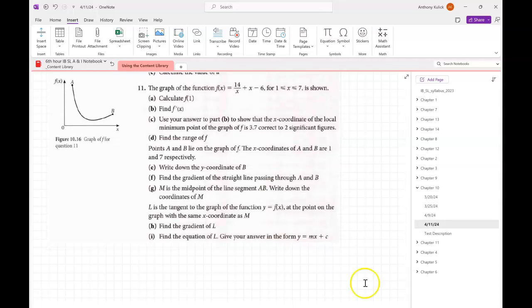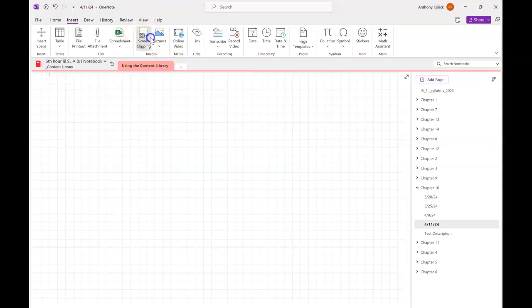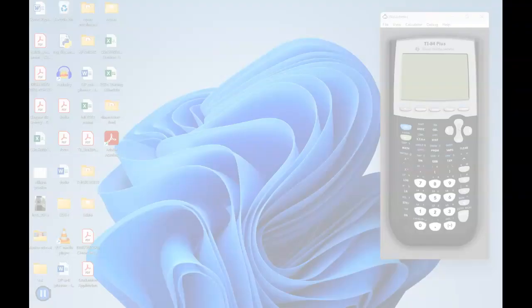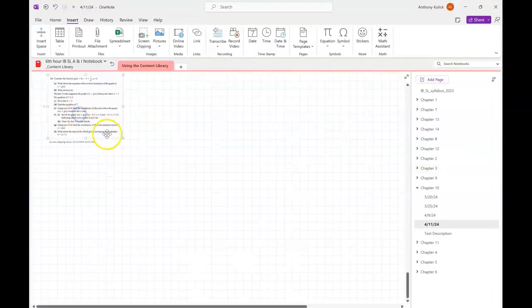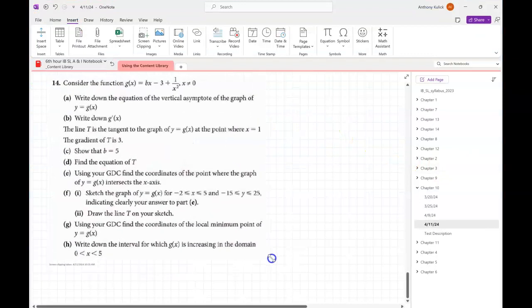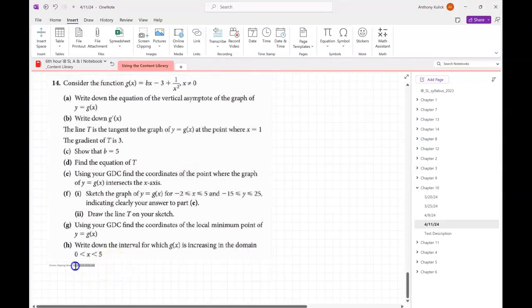I don't want to do this one. Let's do this one.